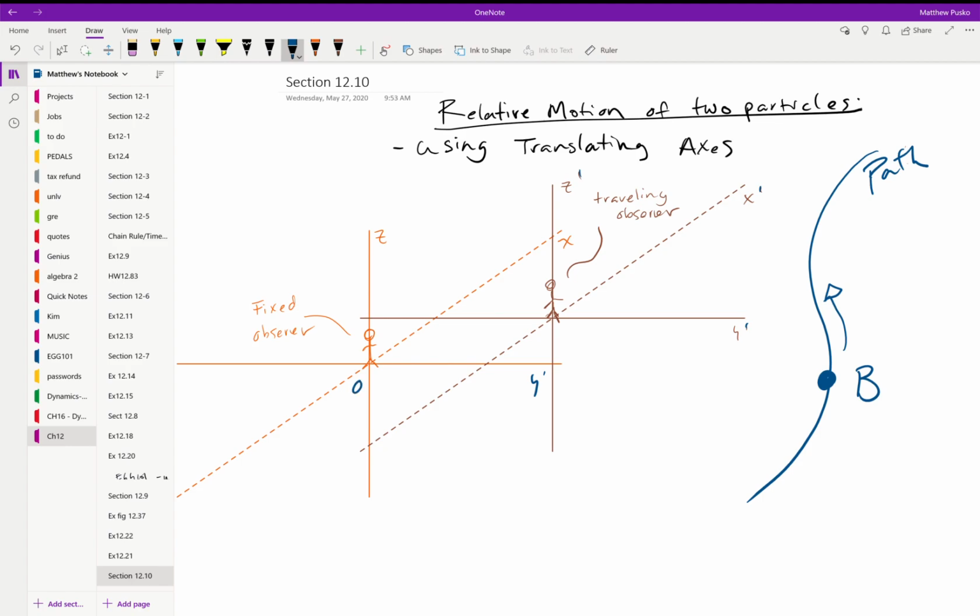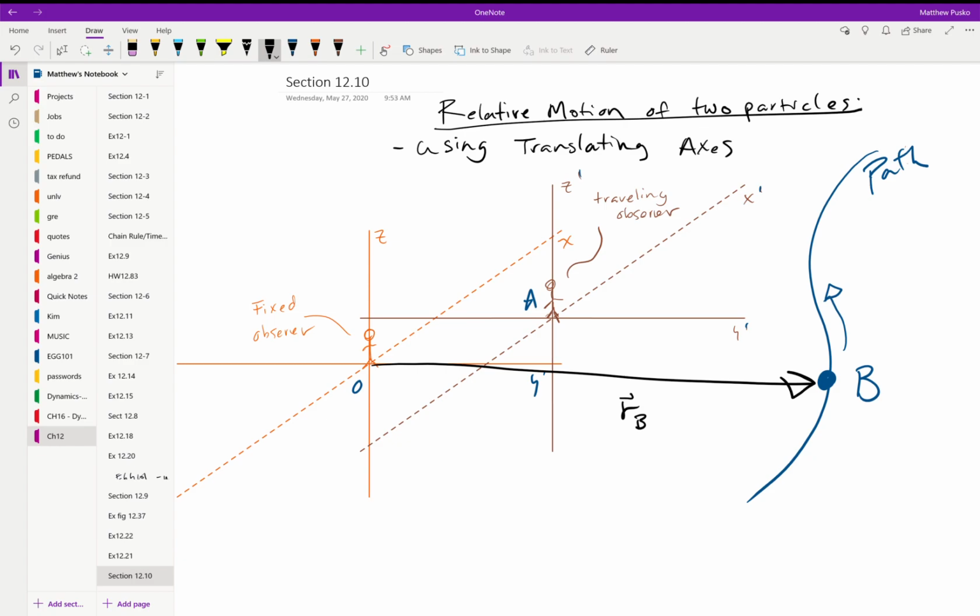And let's call this an origin. Let's call this A. And we called that B already. Okay, from the origin we can identify where B is by drawing a vector to it. We'll say that is the position vector B.